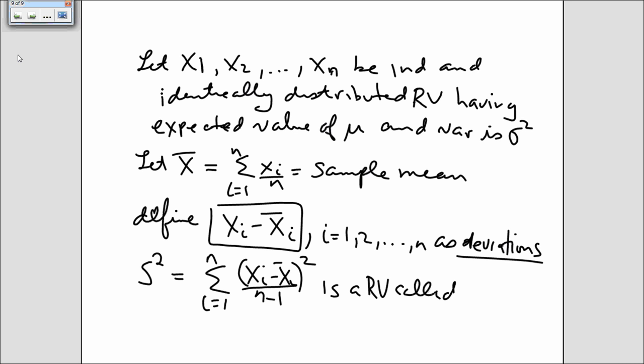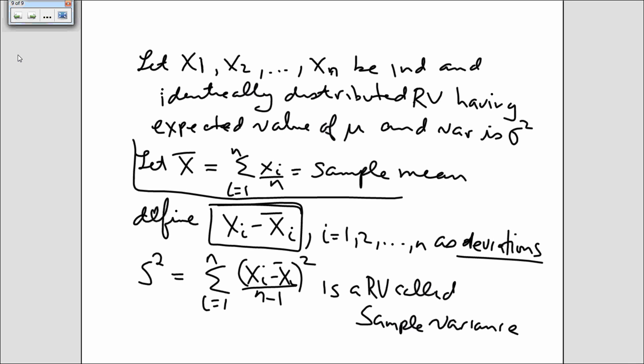And it's called the sample variance. So there are a few definitions here. I defined x bar, I defined something called deviations, and I defined the sample variance.